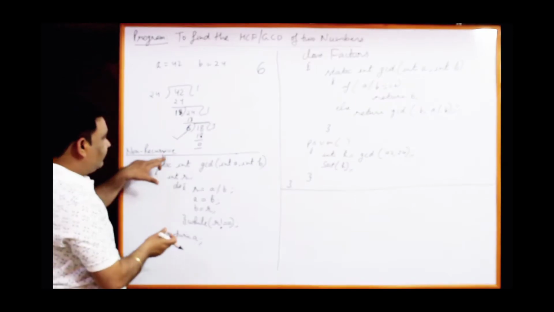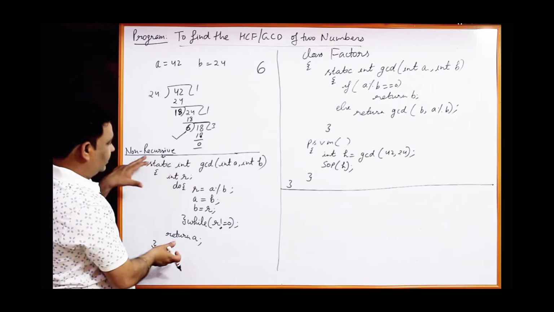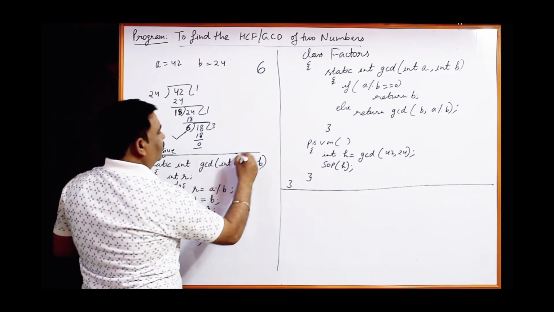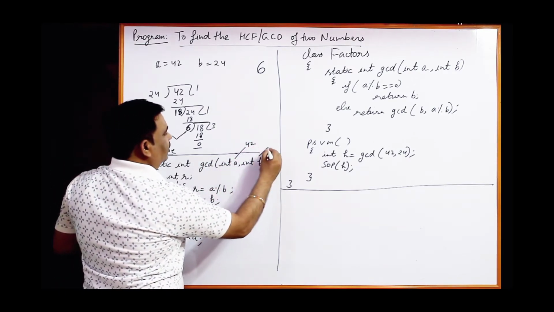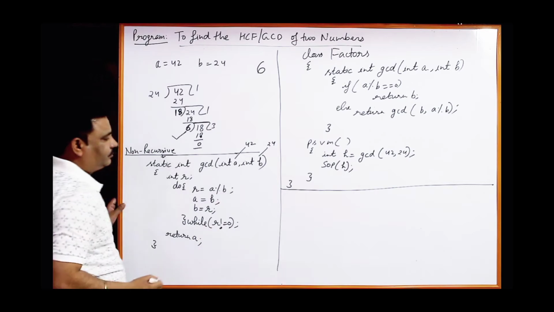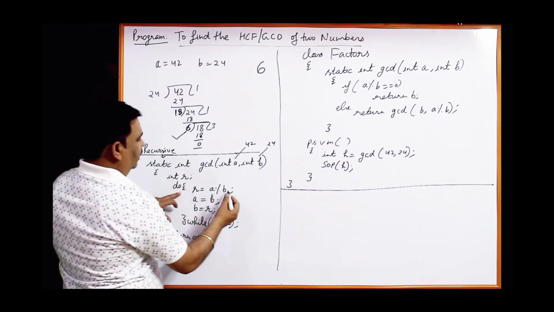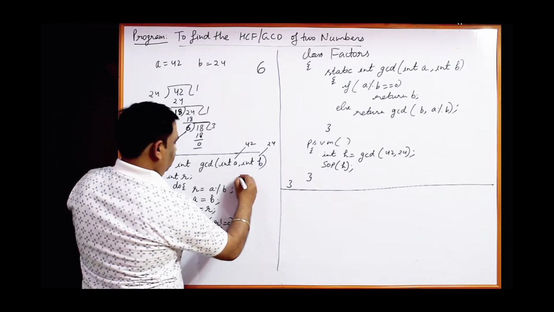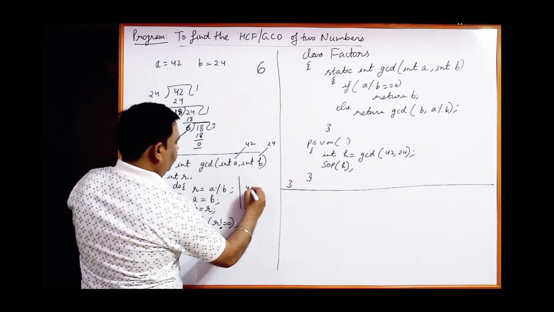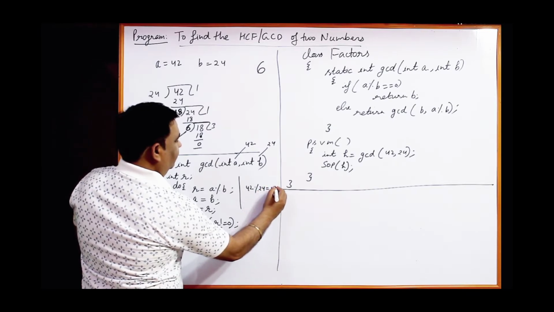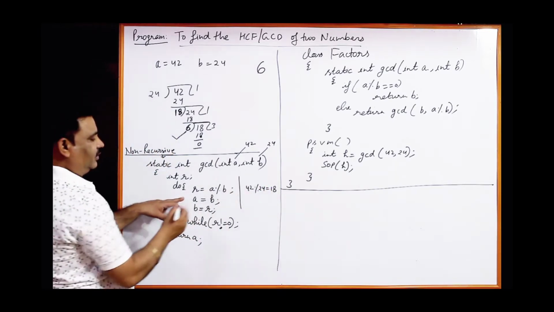This is the non-recursive function. Without recursion, try to understand. If the number is 42, and this is 24, start the loop: A modulus B. I am writing here 42 modulus 24, the remainder will be 18.